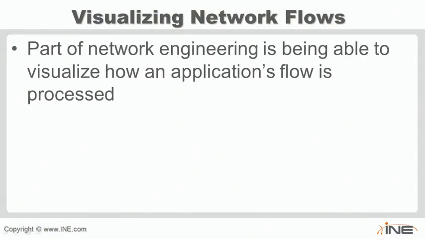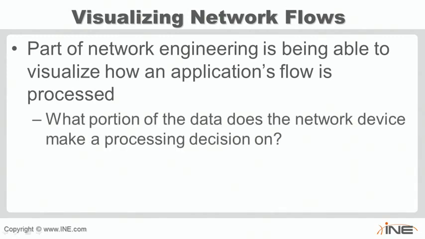So really, to figure out where an individual piece of the network fits in, we need to understand how it's making its decision on the traffic, or how it's treating the individual network flows. This is going to be a big part of the job of a network engineer: being able to figure out what the flows look like in the network, and when the device receives that data, what it is going to make its decision on, or how it is going to do its processing.